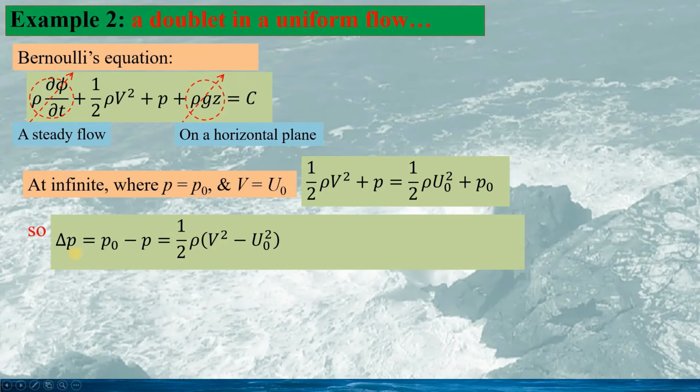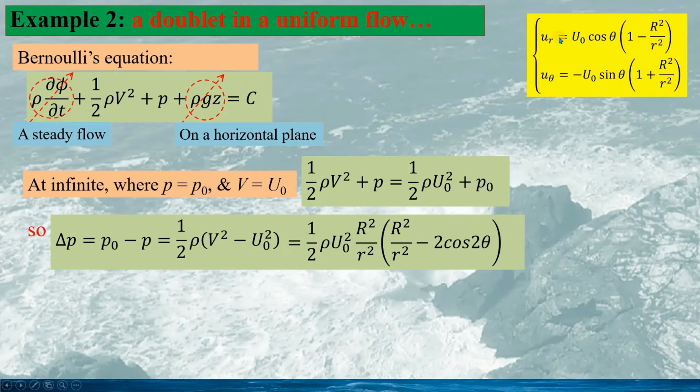So the pressure difference, P0 minus P, is the pressure decrease from the pressure at infinity. It is calculated as this. If we apply the velocity components U_r and U theta into this expression, we have the expression as this.